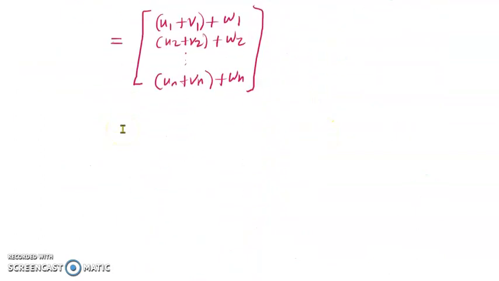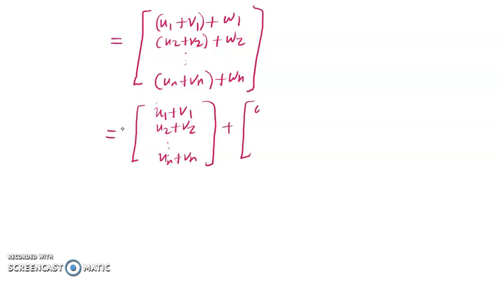Again, we will split this. So that is u1 plus v1, u2 plus v2 up to un plus vn, plus w1, w2 up to wn.